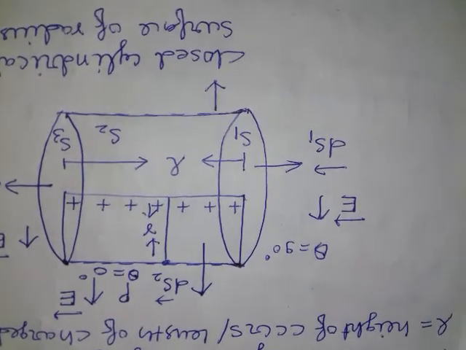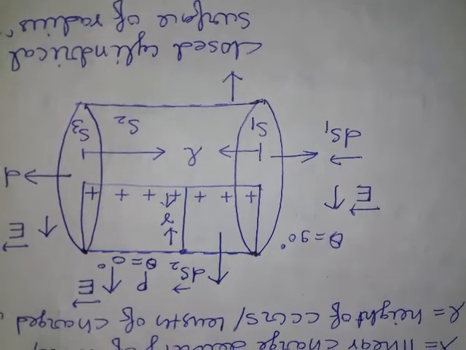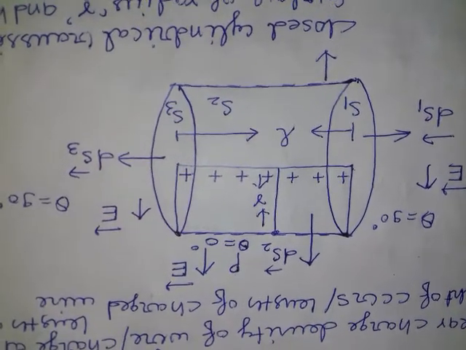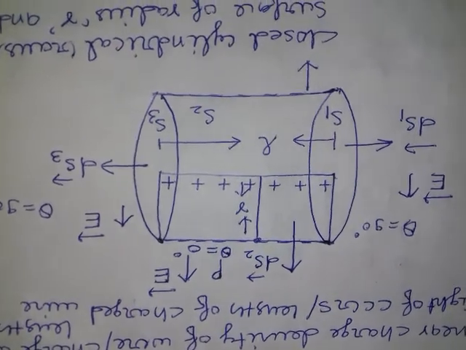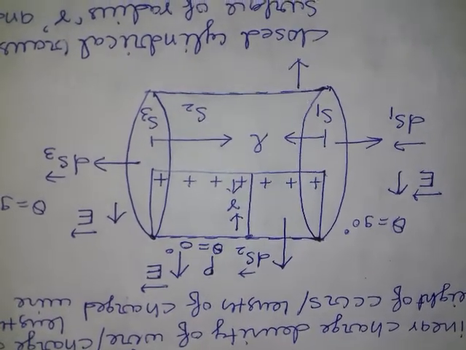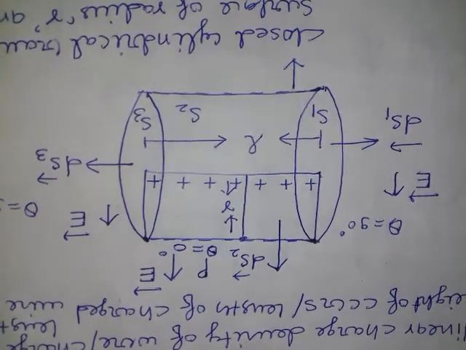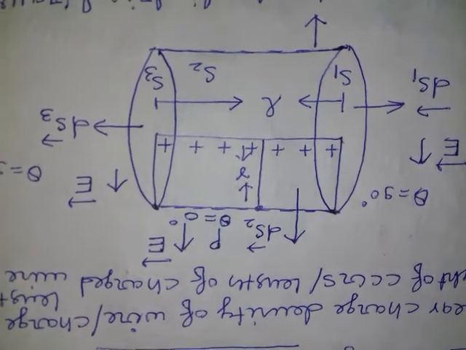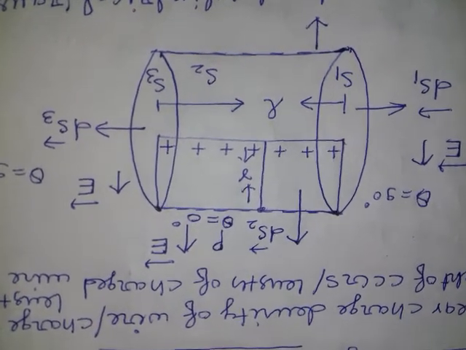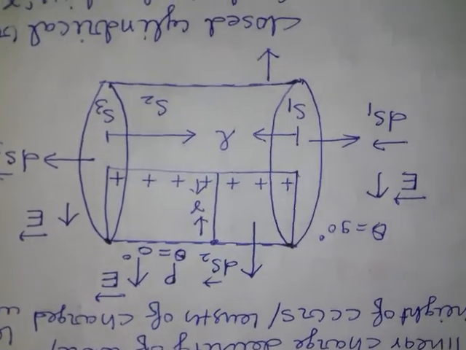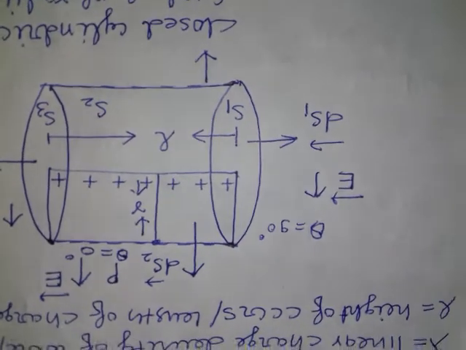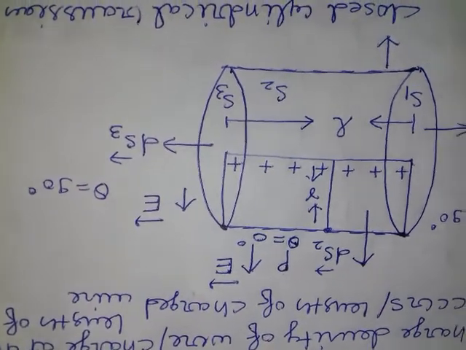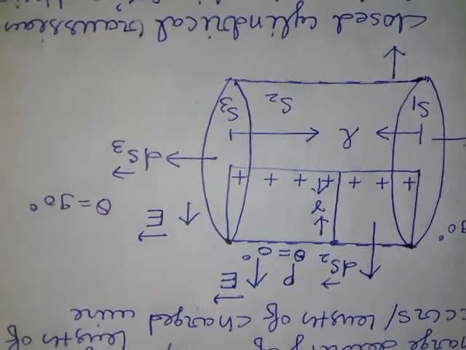Electric field for S1 is in the vertically upward direction, and for S3 it is also vertically upward, because for positive charge the electric field is always away from the charge. For the surface S2 you can see the electric field is again in the vertically upward direction. The angle between E and dS for surface S1 is 90 degrees, for S2 it is 0 degrees, and for S3 it is 90 degrees.